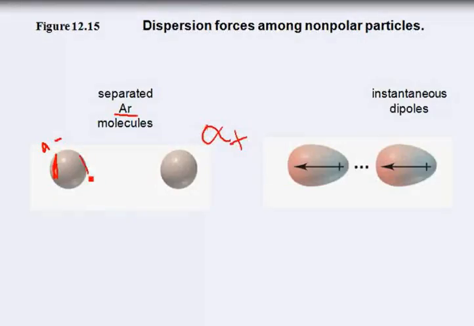And that will induce a dipole on this adjacent one, making this side more negative, this side more positive. And what you end up with is a dipole. More electrons here, fewer here, more electrons here, fewer here, causing this attraction between molecules, even between something as simple as argon, which is a noble gas.